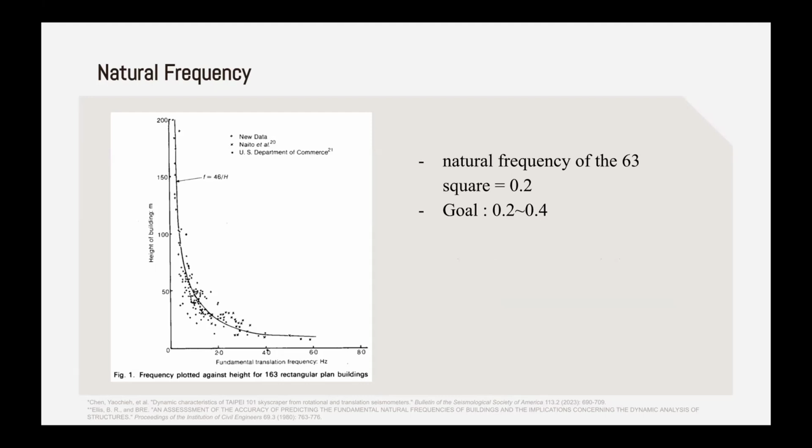When I substitute the height of the building, 250, into the formula, I got that the natural frequency of the 63 Square is equal to 0.2. So our goal was to make the frequency of the model equal to 0.2 to 0.4.